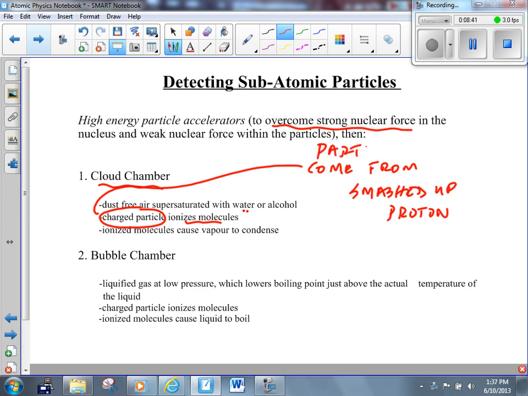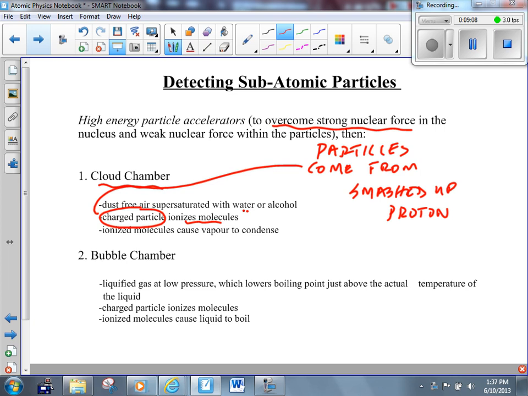These charged particles come from the smashed up protons. So you smash these protons together, you get a bunch of little things coming out of it. These little things ionize molecules, and these ionized molecules in turn cause a condensation trail. So indirectly, we're going to observe these tiny little subatomic particles that came from the smashed up protons simply by observing the condensation trail that follows them.